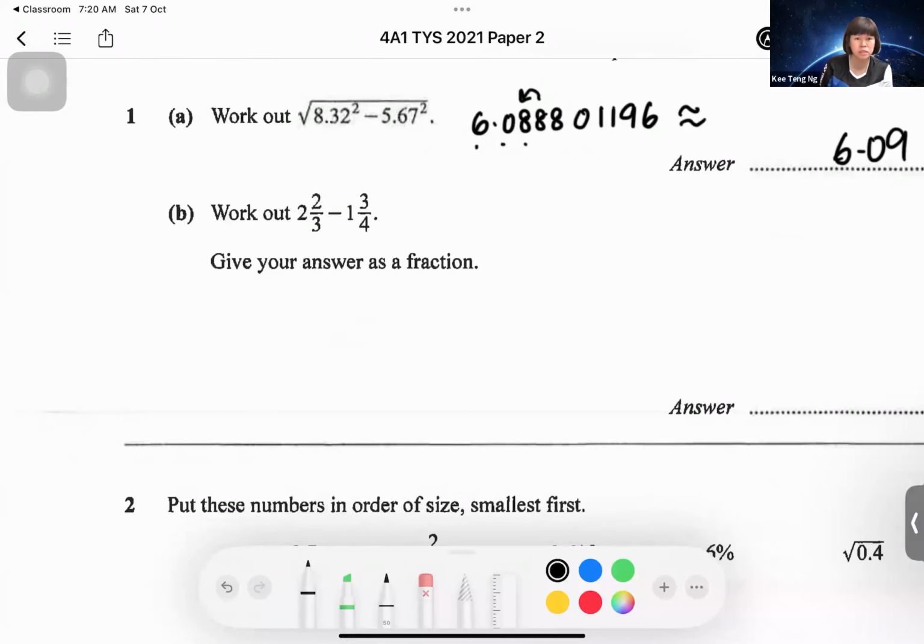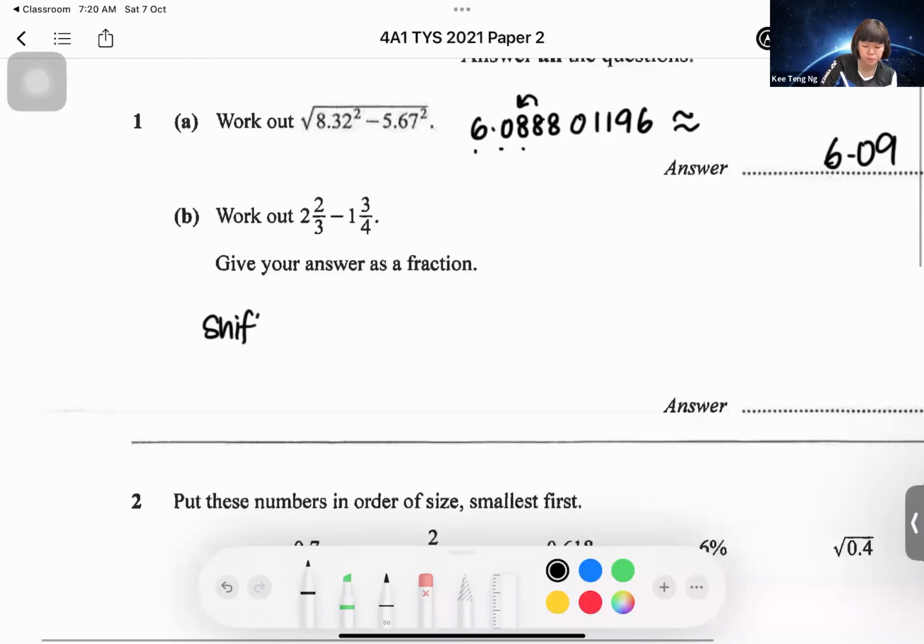Next one. This is something similar to the question in the 2002 Paper 1 as well. To work this out as a fraction, make sure you press the shift button on your calculator. It depends on how your calculator works. Usually it's shift and then fraction, and make sure that your calculator shows the 3 boxes.